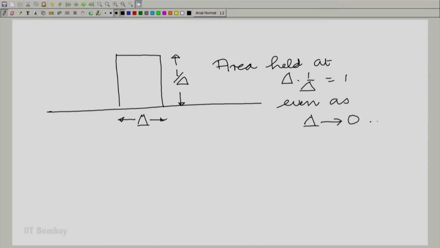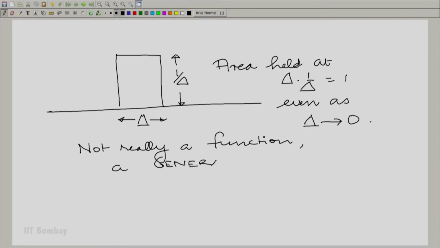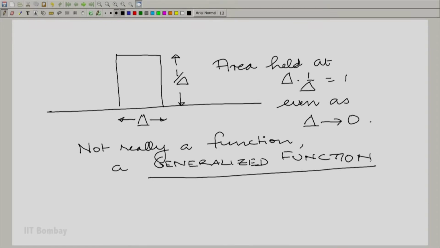Now, this is a new object, we should call it an object because it is not really a function. You can't call this a function anymore, because you will notice that this height goes towards infinity. So, not really a function, we call it a generalized function, and this is a new term that we need to understand. I am not going to be too formal about explaining a generalized function at this time.